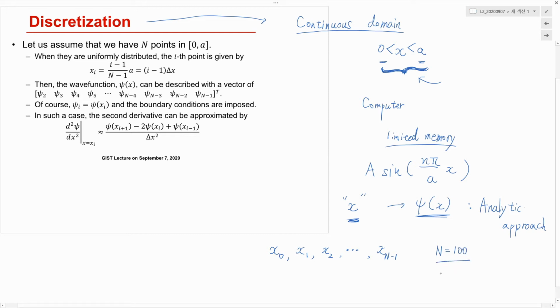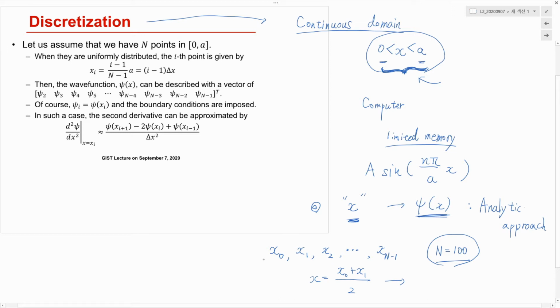Then we can have the solution for this domain only at 100 locations. Then the natural question is, how about the position just in between x0 and x1? Do we have any solution at this position? Of course, in the case of an analytic approach, we can have an exact solution.